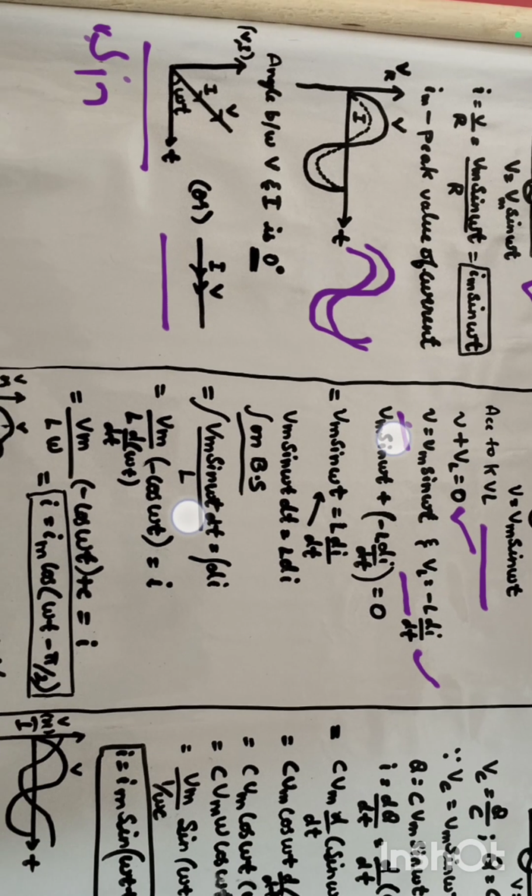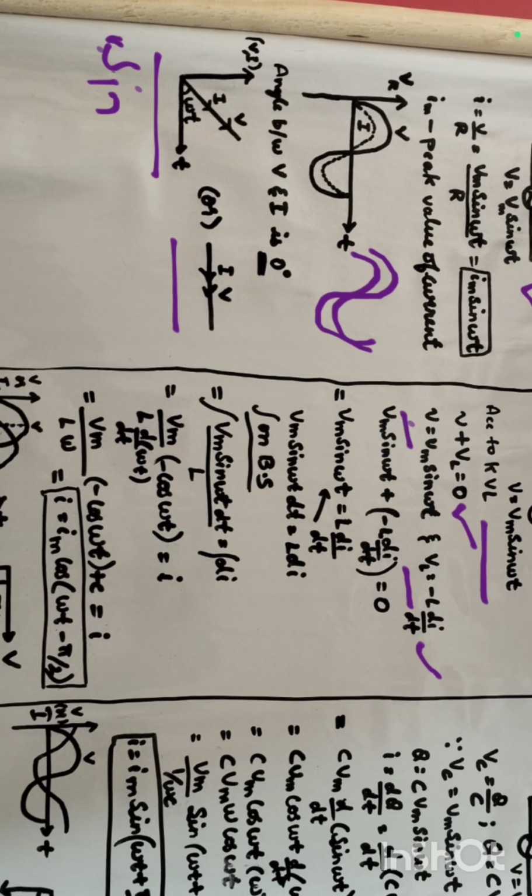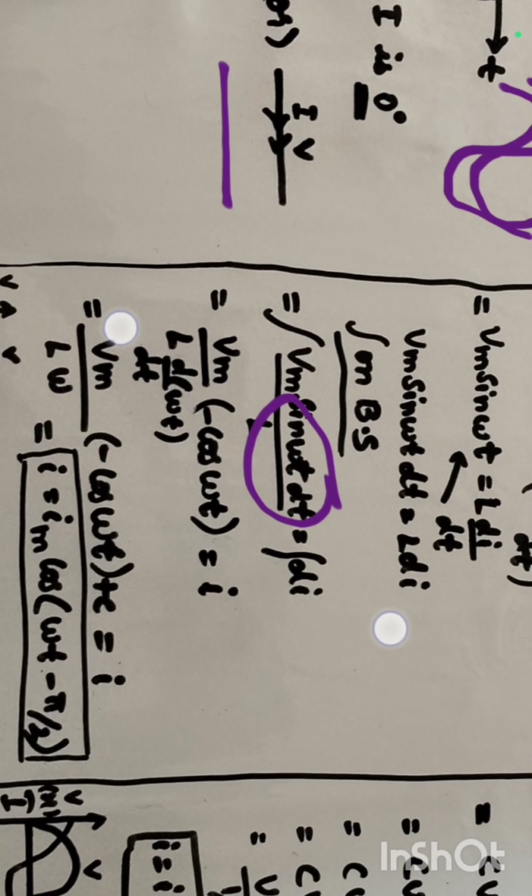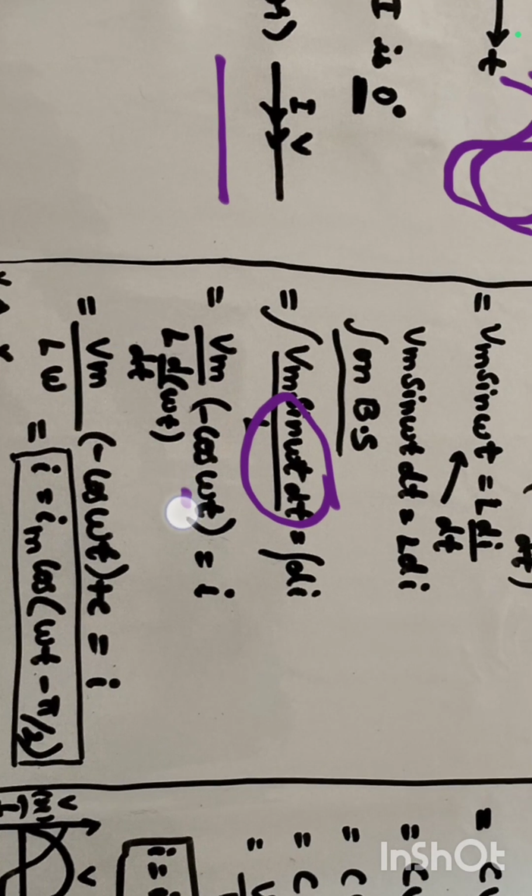As we know the basic integration formula, that is sin omega t dt. As Vm by L is constant, we only take sin omega t dt, this part, and we integrate. The integration of sin omega t is minus cos omega t, and we also have to differentiate the inner function omega t in the denominator.